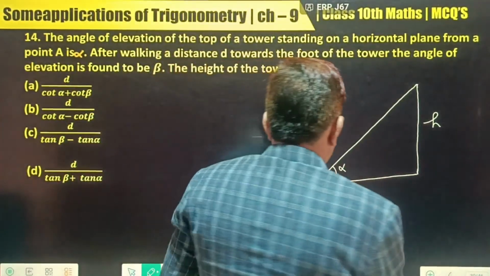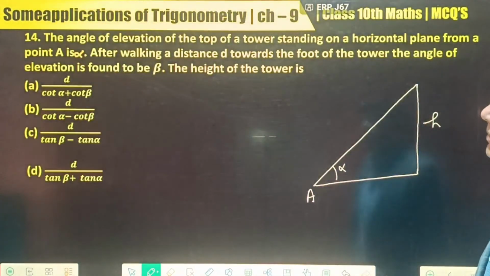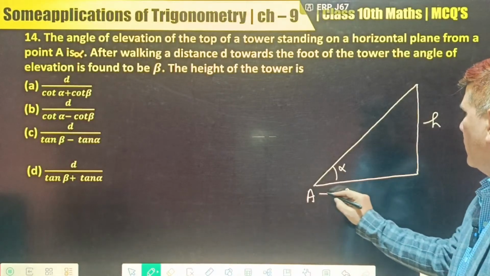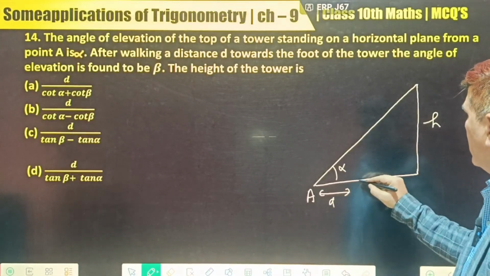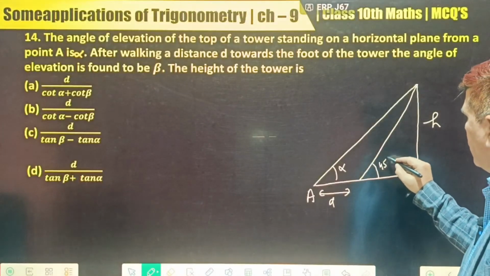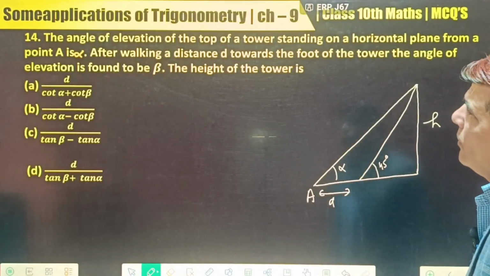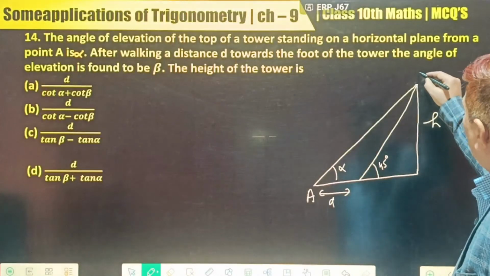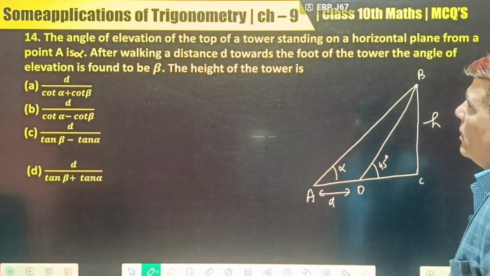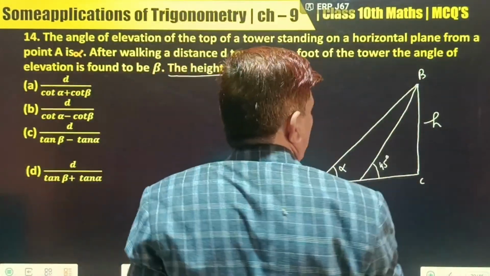What's the name of this point A? After walking a distance D, so walking this distance D, this angle becomes 45 degree. So this point B we can say, this we can call C, this we can call D. We have to find the height of the tower, this.